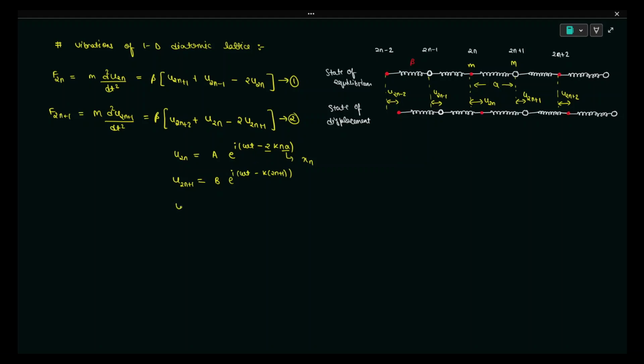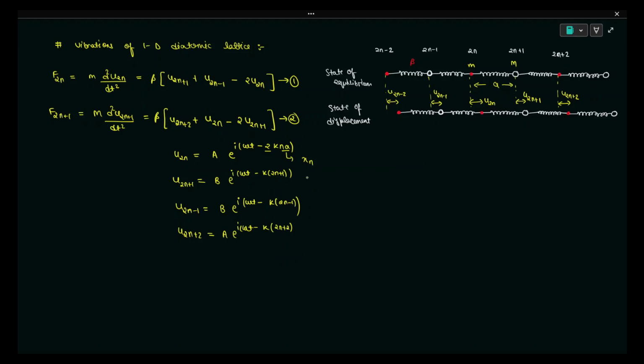Similarly we can write u2n minus 1 as B e raised to the power i(omega t minus k(2n minus 1)a), and u2n plus 2 as A e raised to the power i(omega t minus k(2n plus 2)a).